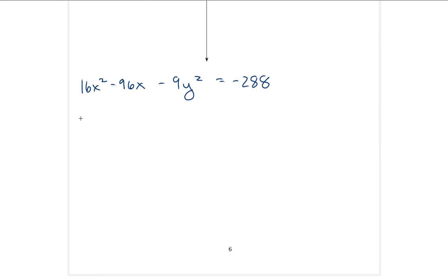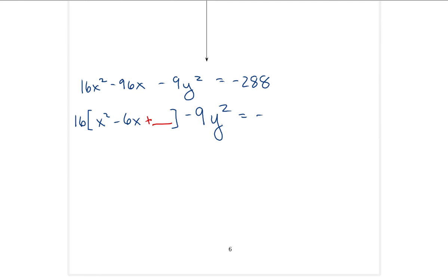With the x terms, I want to factor out a 16 so that I can have a positive 1 in front of my x squared term. And of course, I'm going to add something so that it's a completed square. And then this is already a completed square, right? It's y minus 0 squared. So we leave that one alone.